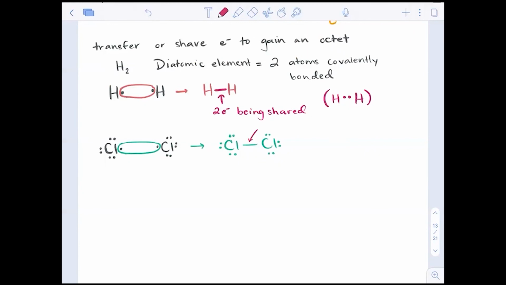This is, again, 2 electrons being shared. These guys on the outside are what we call non-bonding electrons. They do not need to bond because they are already paired up in the valence shell. That's something that's understood with Lewis structures. We can also call them lone pair electrons.